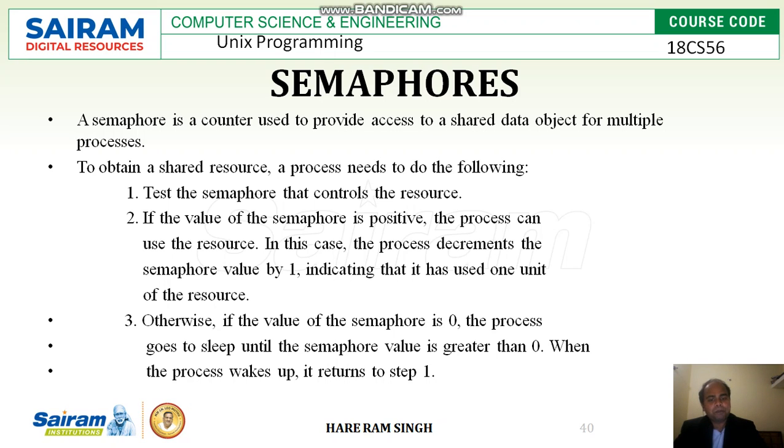If it is 0, it means all units of the resource are allocated to different processes. Now there is no unit free, so until any unit of the resource is free, the new process has to wait.